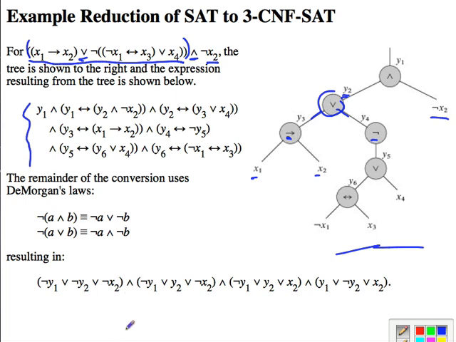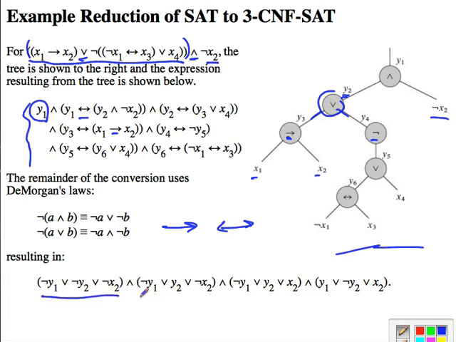And then you do various conversions, because we can't have variables by themselves. We're going to have to throw in dummy variables to make that into a triplet. We're going to have to get rid of implies and double implies, and convert everything into 3CNF using De Morgan's laws, for example, and the truth tables for the definition of implication and double implication.